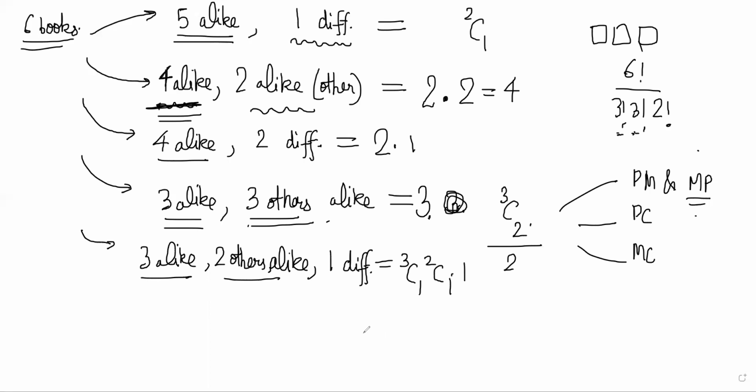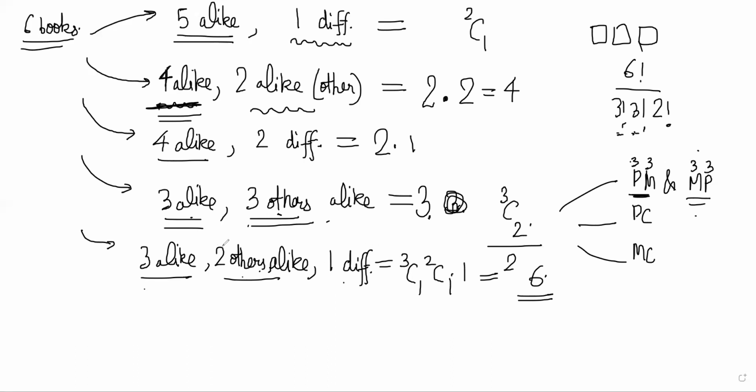Because the groups are not the same size, you do not have to divide by 2 factorial. This answer will be 6, right? Because it matters: you could have done physics 3, maths 2, chemistry 1, and it will be different if you do chemistry 3, maths 2, physics 1. So now the order matters. It was not different before because both were 3. So 6 ways to do this.